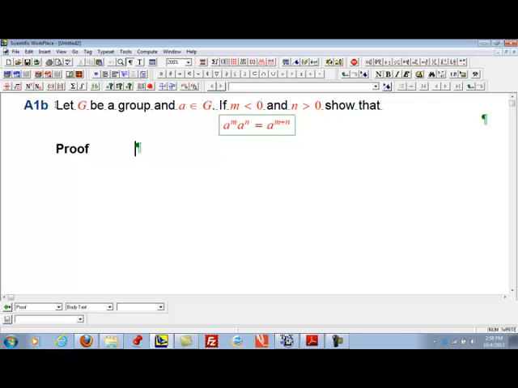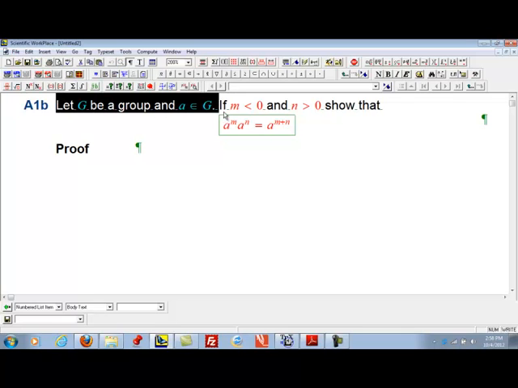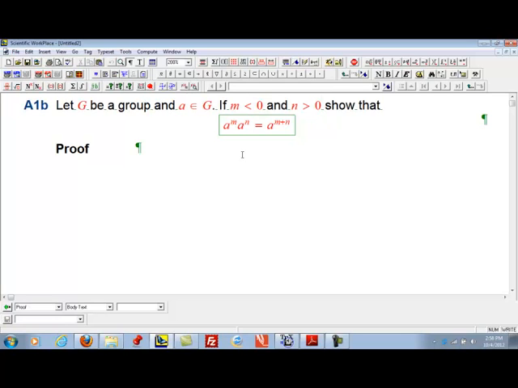So, get your hypothesis. Let G be a group, let a be an element of G. Assume that m is less than 0 and n is bigger than 0.